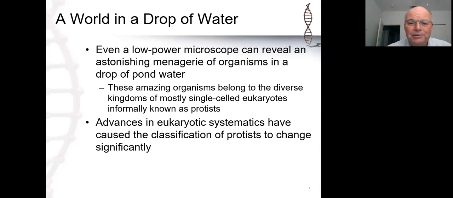We right now use a system called the 4 supergroup system. The supergroups are considered to be super kingdom classifications, as best as I can tell from reading the literature.